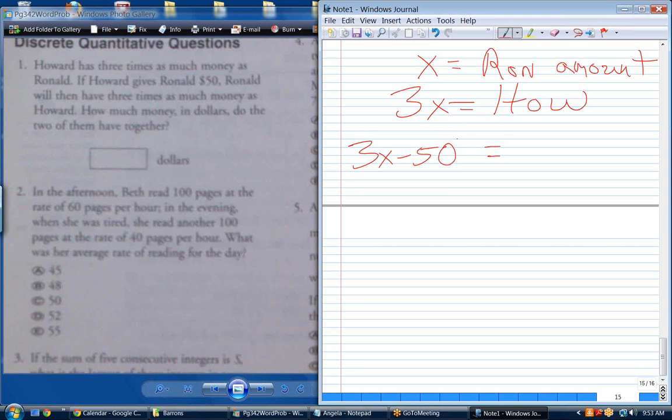We got Howard. This is Howard's amount after he gives them $50. And then Ronald's going to have 3 times that amount. Oh, 3 times the 3X minus 50. Right. So he will now have 9X minus 150.